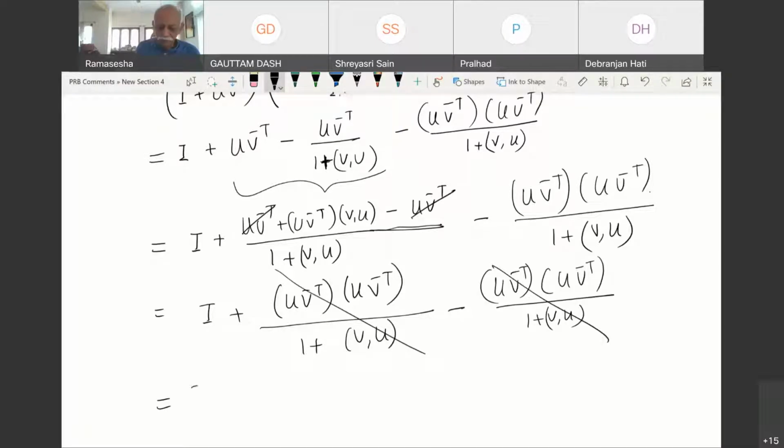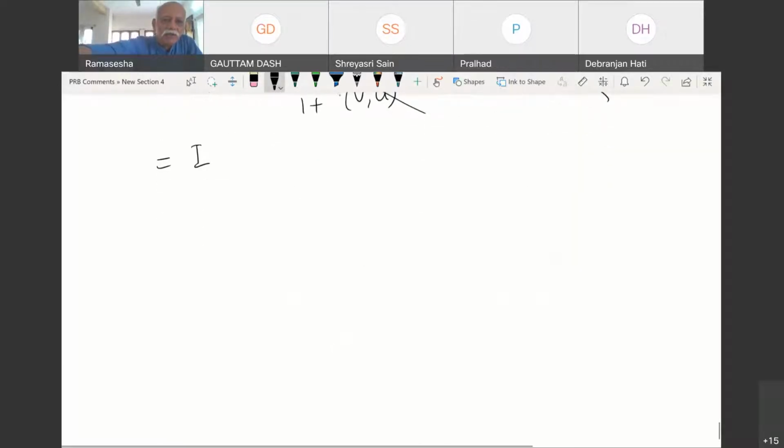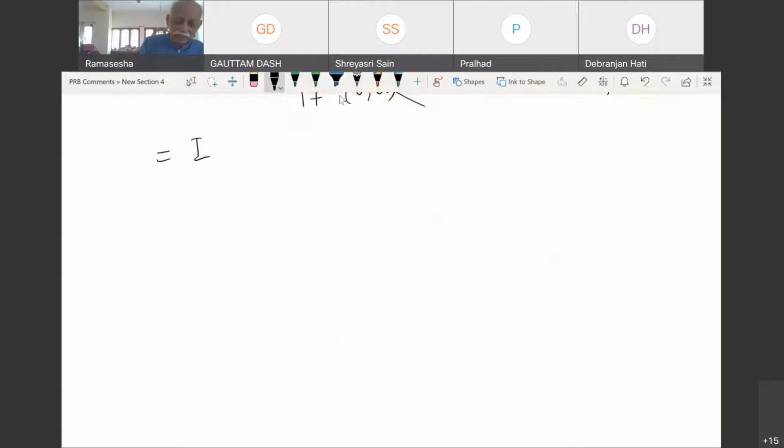So I get I. So my formula works for the identity matrix. Any doubts? It is very trivial, this matrix algebra or vector algebra, whatever you want to call. Any questions? No, sir.